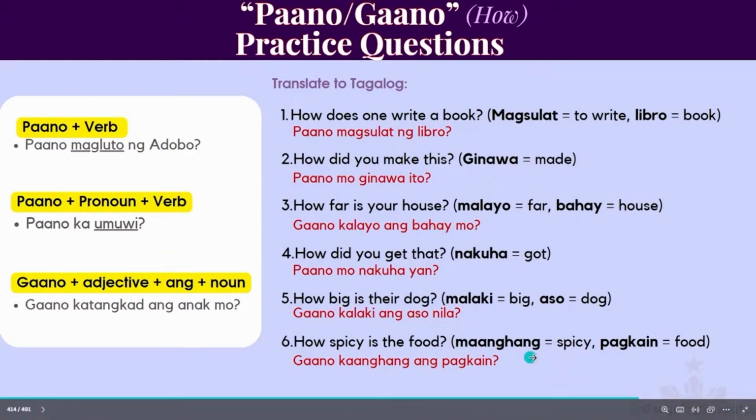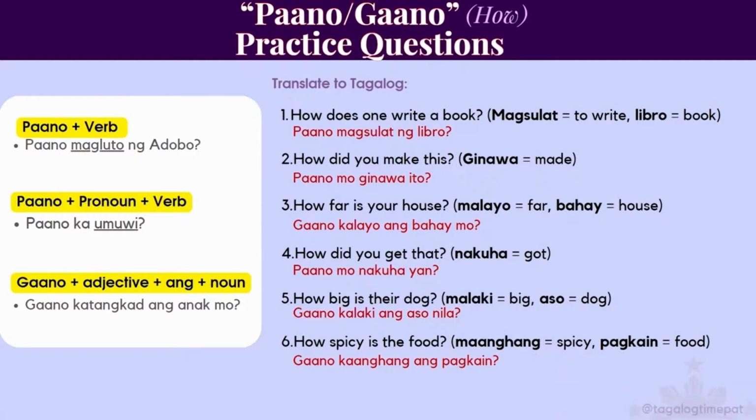Malayo, malaki, maanghang. But remember, when you are using gaano as a question, you have to change the adjective into the ka form. So it has to have the ka prefix because it's asking about the extent of that adjective.